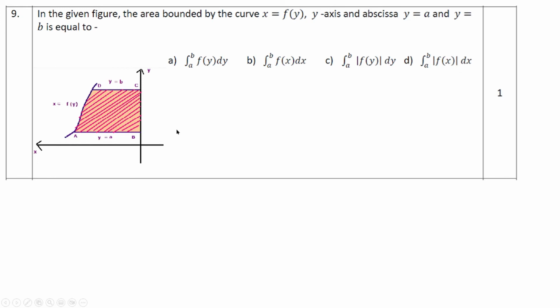So whether the curve is on the positive side or on the negative side, we will consider only the modulus of that value. So since we have the curve as f of y, the area bounded by this curve is integral a to b mod f of y dy. So the correct option is option C.